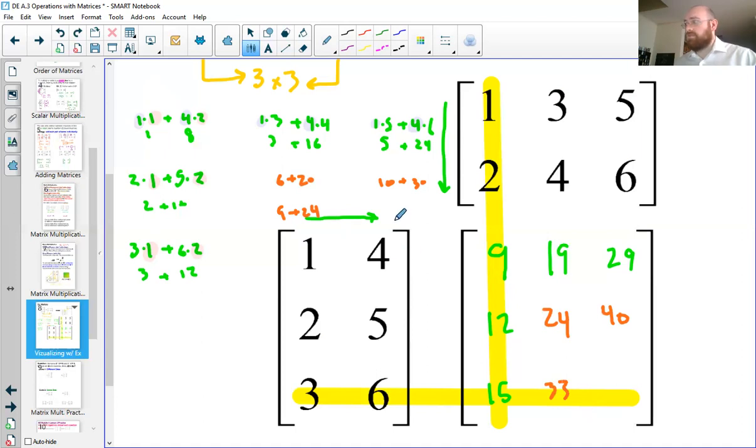And then 3 times 5 plus 6 times 6. That would be, let's see, 36 plus 5 is going to be 41 plus another 10, 51. So that concludes our multiplication.